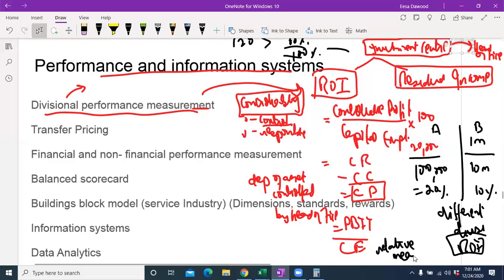Okay, how is residual income calculated? The formula for residual income is profit before interest and tax, or controllable profit if you want to assess the manager's performance, minus notional interest on capital employed. One disadvantage of ROI is that it doesn't take account of the cost of capital.